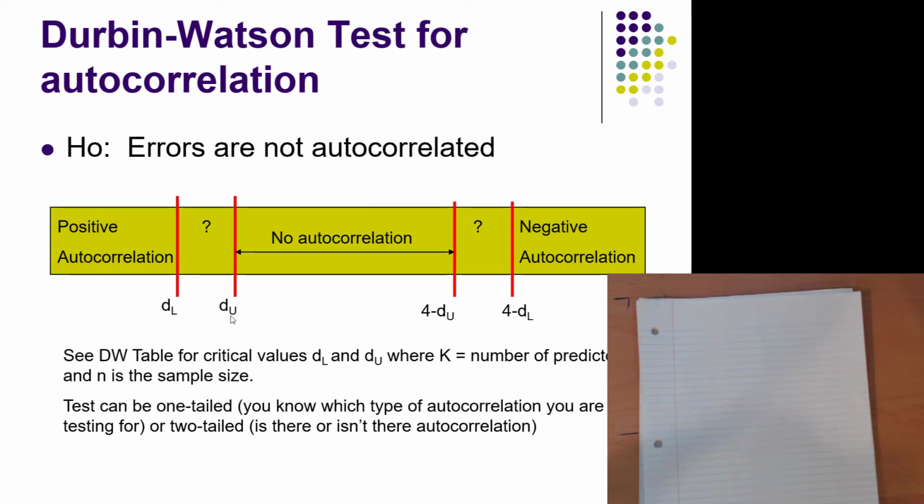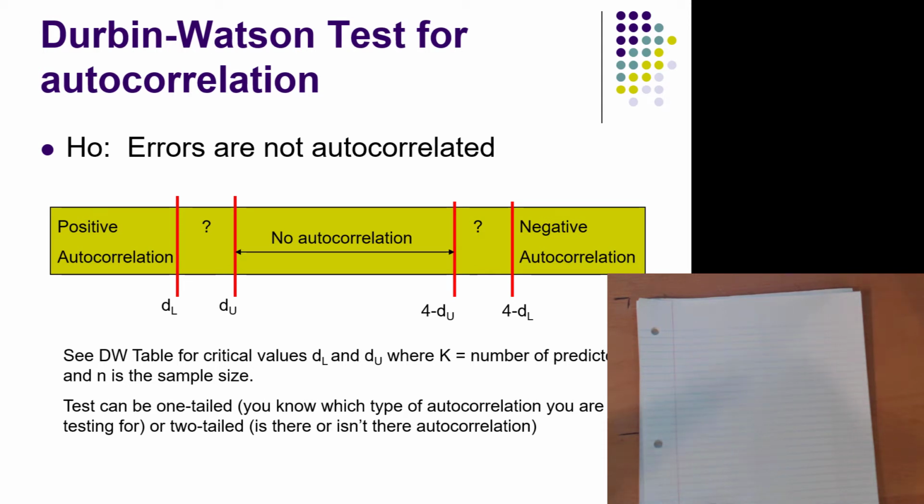If you have a value higher than the Durbin-Watson upper, then it indicates, first of all, no positive autocorrelation. And if it's between DU and 4 minus DU, that indicates no autocorrelation of any type. Why 4, you might ask? 4 is the biggest number for a Durbin-Watson test statistic. 0 is the smallest number, 4 would be the biggest.